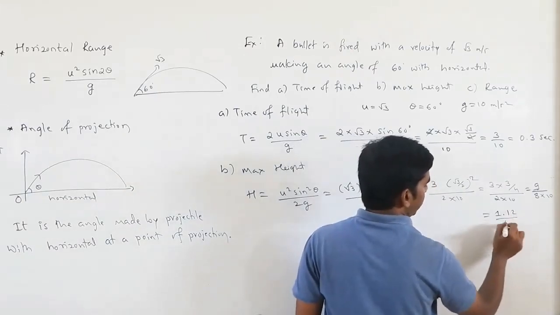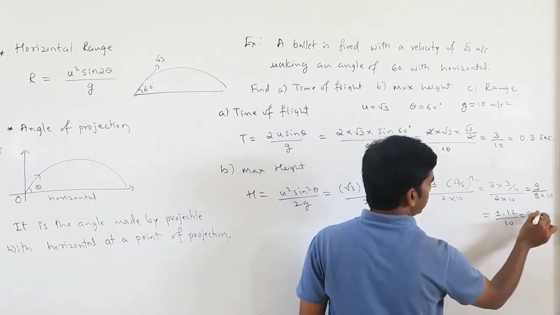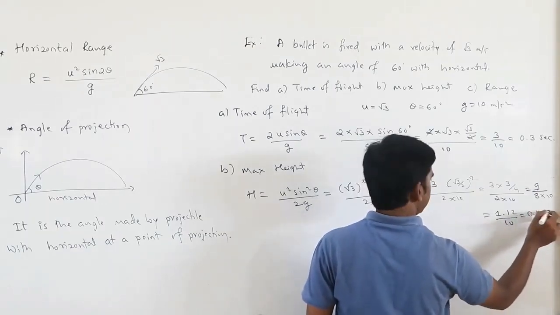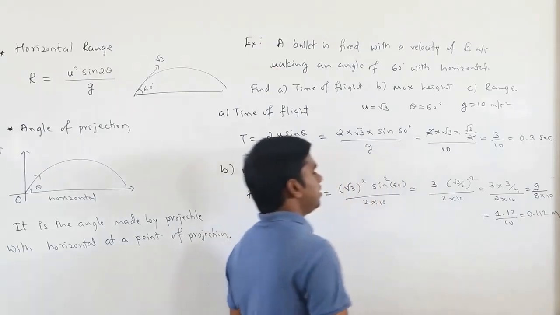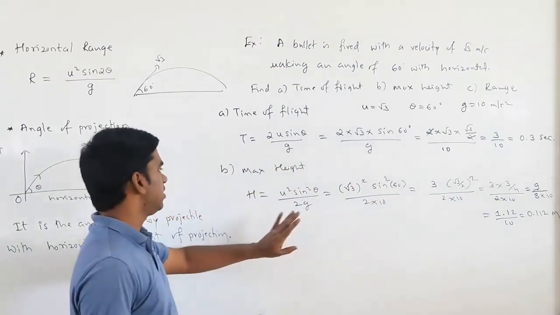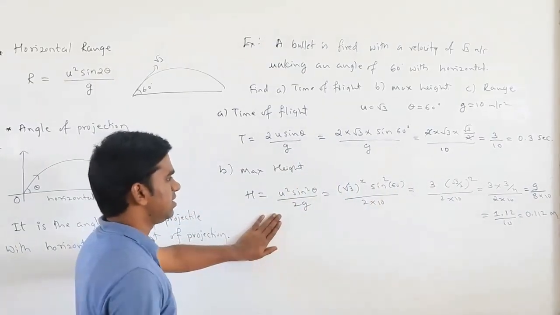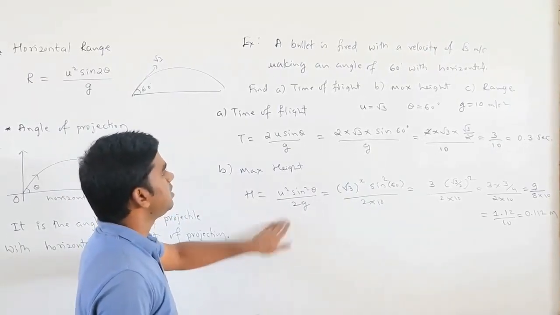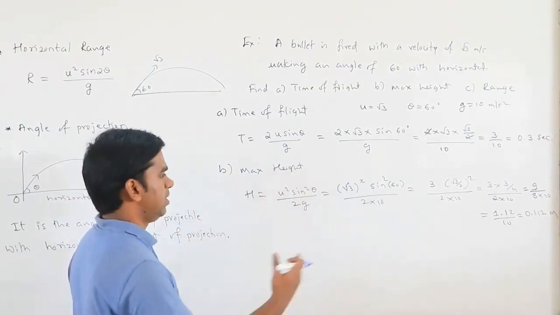Next divided by 10, so you can write as 0.112 meter. So this much maximum height it can reach for 60 degree. Because velocity is very less, it will not go much high.